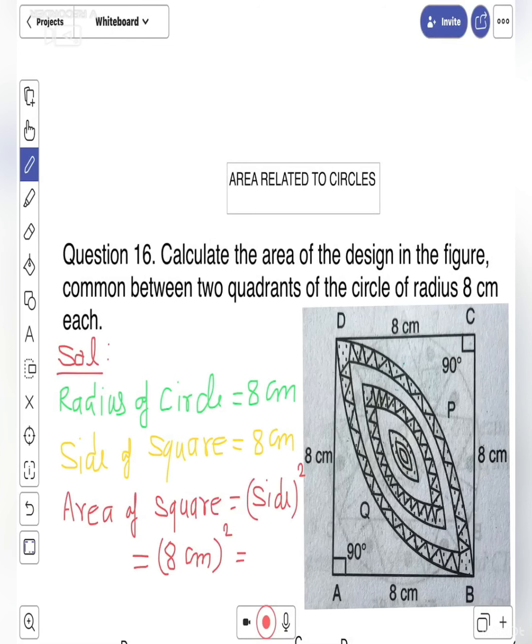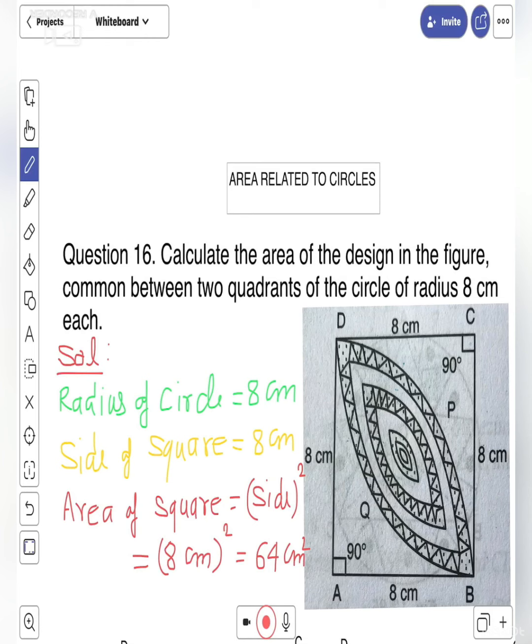So you will write 8 square means 64, and centimeter square, square of centimeter means centimeter square. So this is the area of the square. Why you find the area of square, we will discuss later.